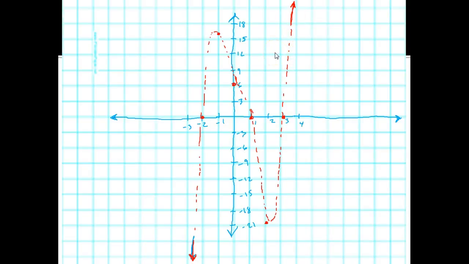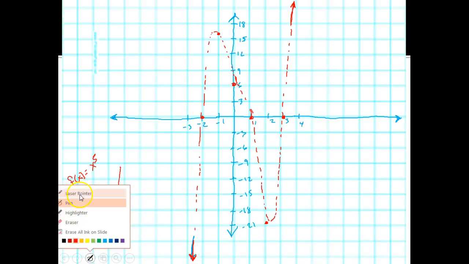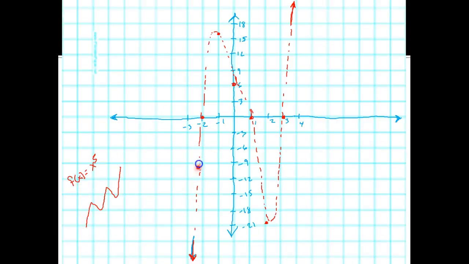Now, a couple of things to notice. One, remember we said that for a graph with f of x equals x to the 5th power, we expect the graph to go up, down, up, like that, 5 different direction changes. In ours, we can only clearly see 3 direction changes, up, down, up.